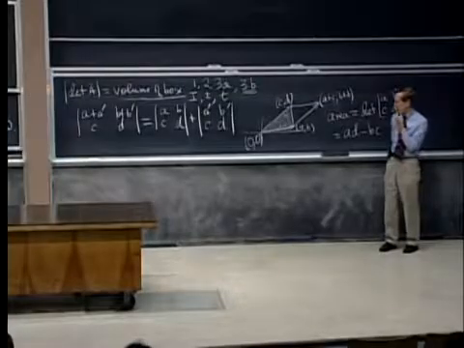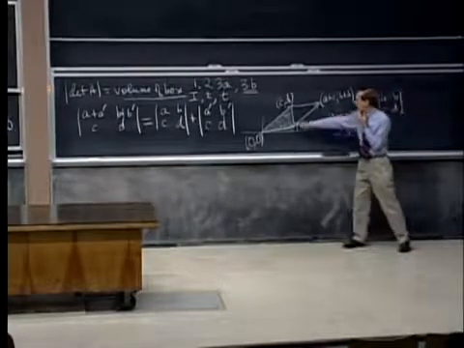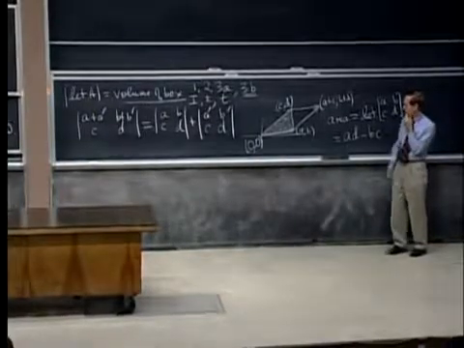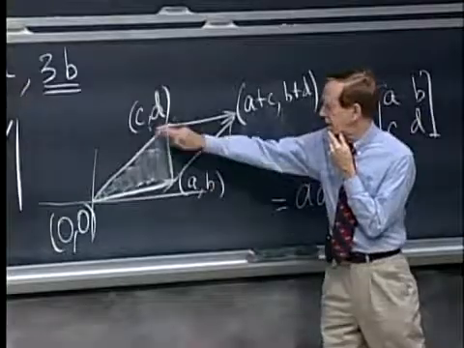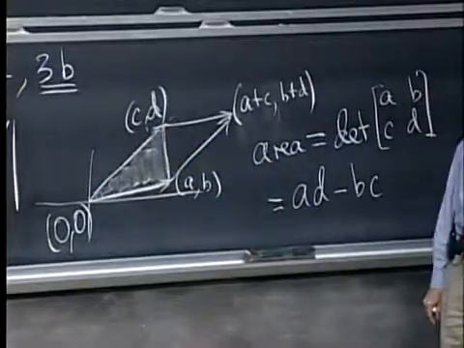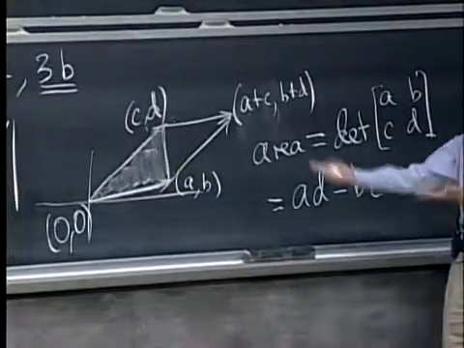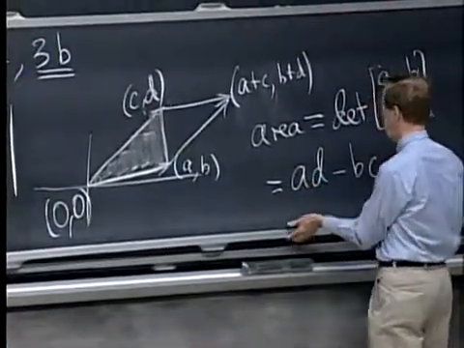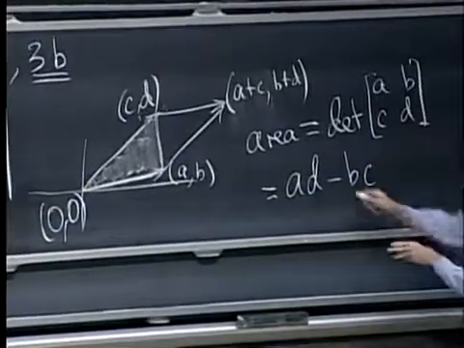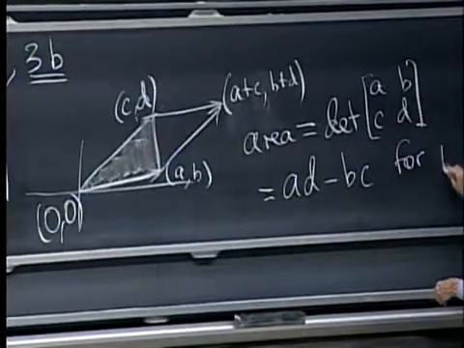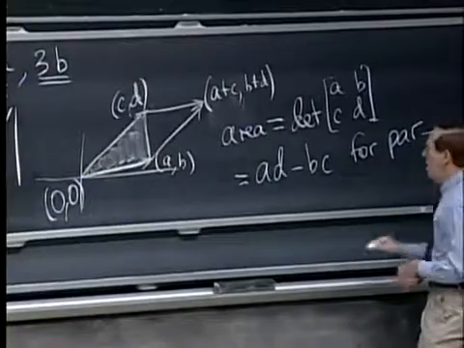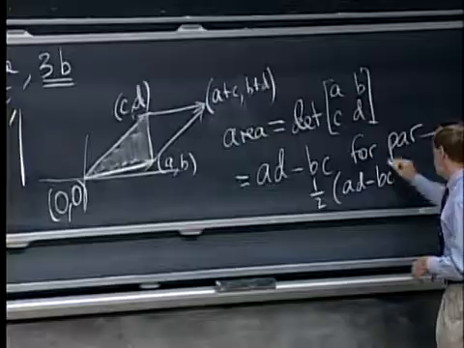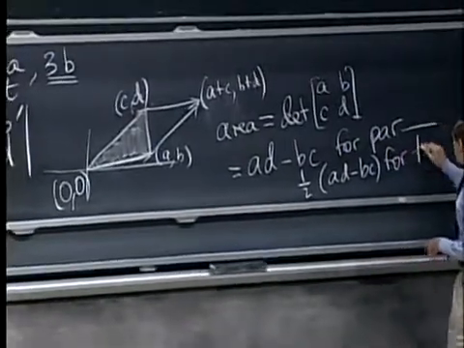We know the vertices. If I know A, B, C, D, and 0, 0, what's the area? It's just half of this. So this is AD minus BC for the parallelogram, and 1/2 of AD minus BC for the triangle.